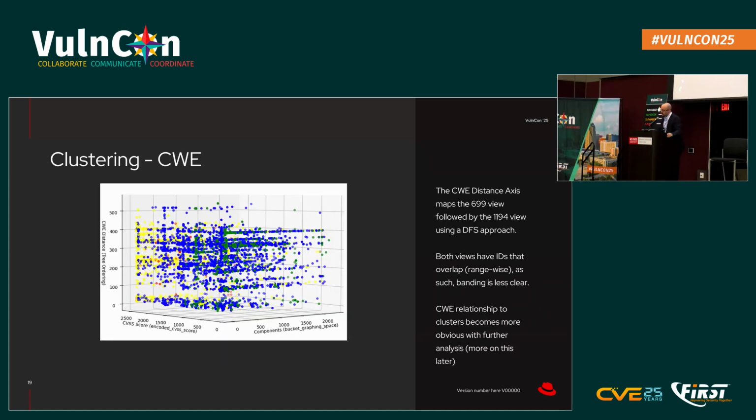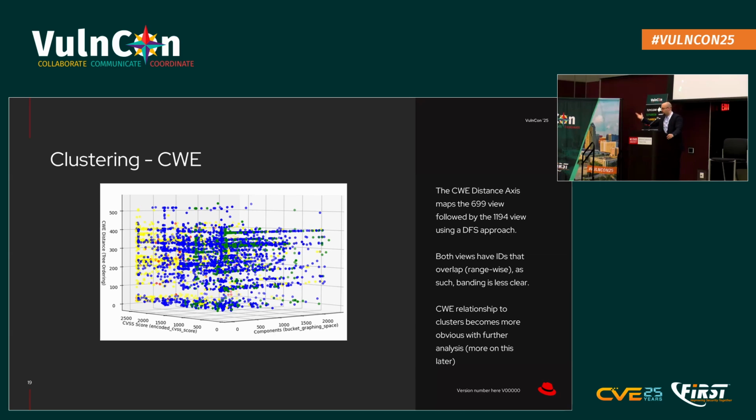If we look at CWE, the spacing is a little bit more difficult. It's not as obvious visually what it can tell you. Partly that's because, with the 699 and the 1194 views, we did use depth-first search in terms of how we mapped the nodes, but there's overlap between just IDs, right?